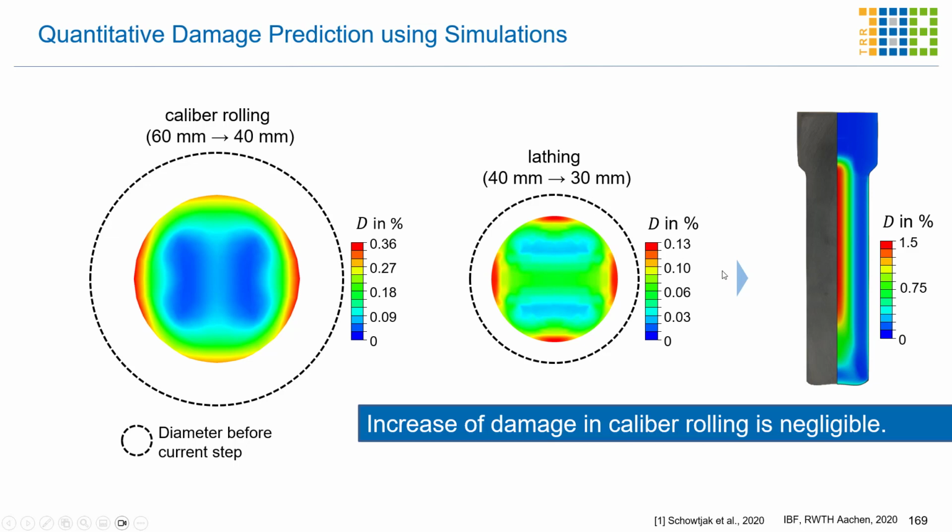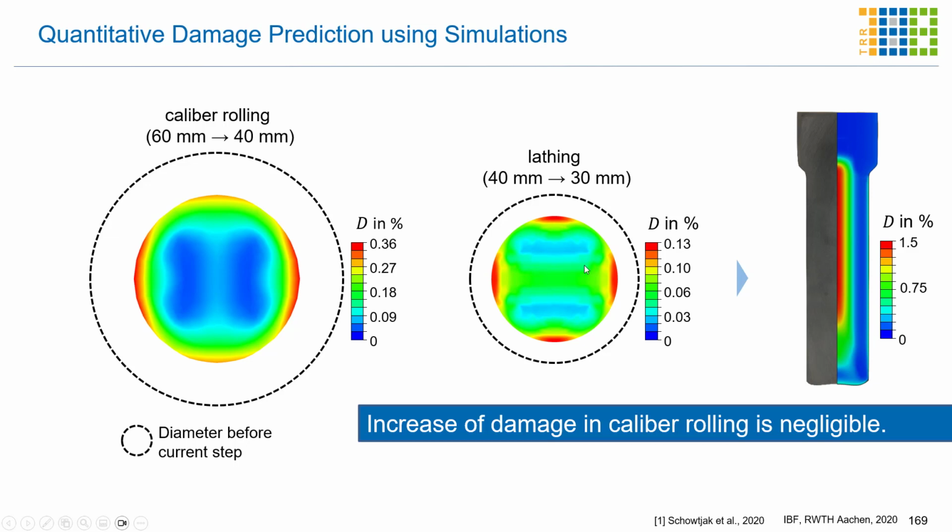But after cold forging we have a strong increase in the damage evolution, and this is much higher compared to the value in the outer area, much higher than the values after caliber rolling.